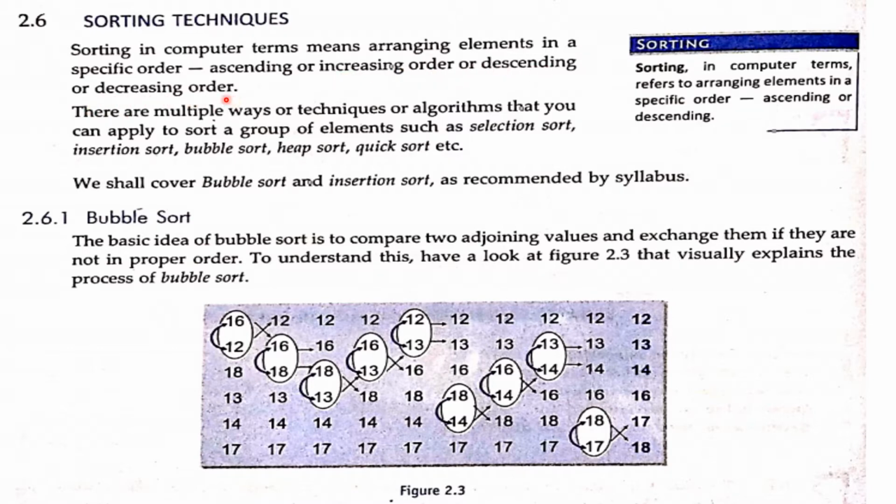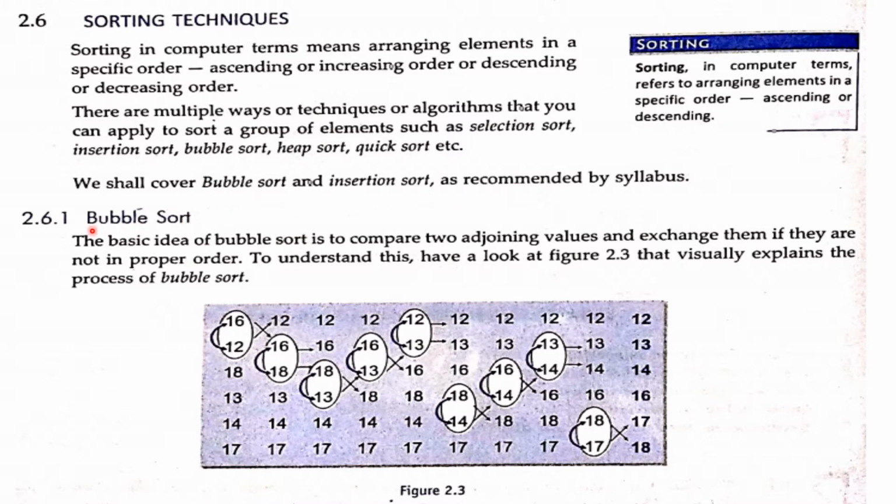There are multiple ways or techniques or algorithms that you can apply to sort a group of elements such as selection sort, insertion sort, bubble sort, heap sort, quick sort, etc. We shall cover bubble sort and insertion sort as recommended by syllabus.